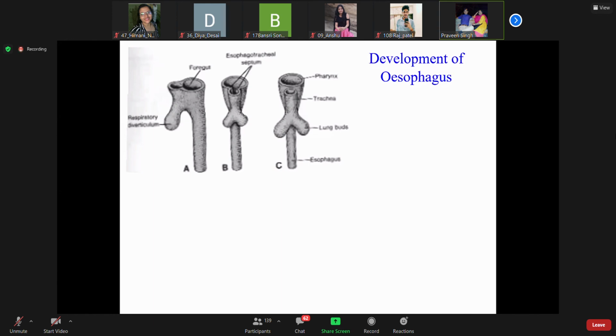Then surrounding it will be splanchnopleuric mesoderm, which will form the smooth muscle coat or layer, connective tissue, blood vessels, etc. Yes? Okay, fine. So this is how you need to write.